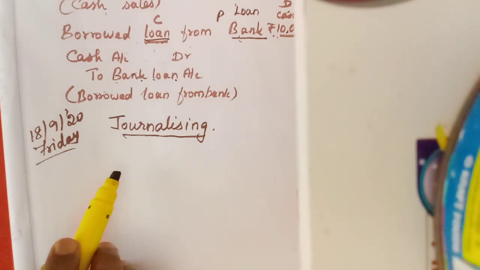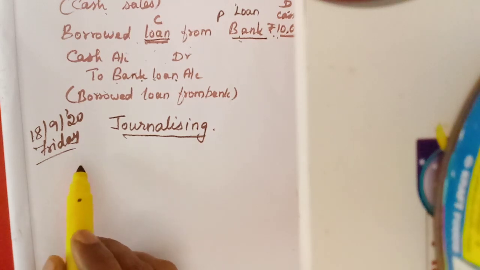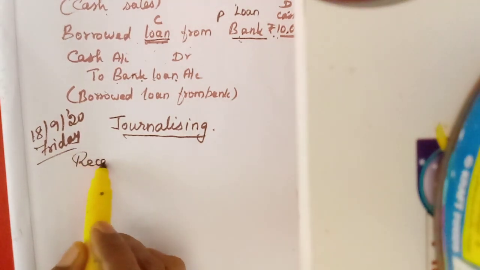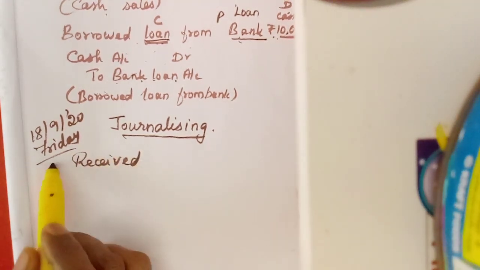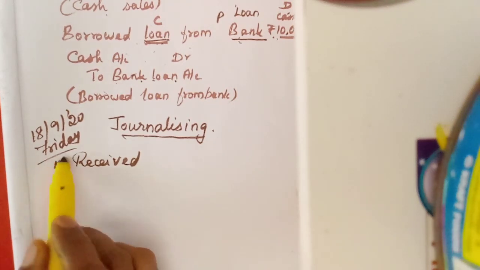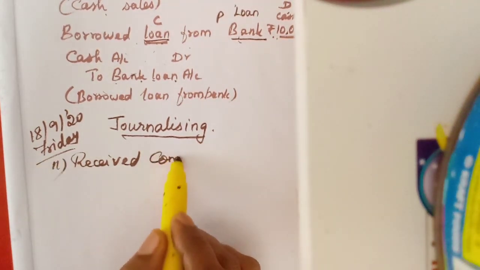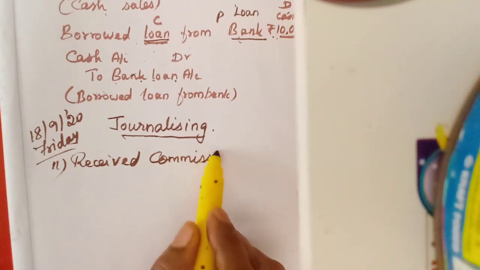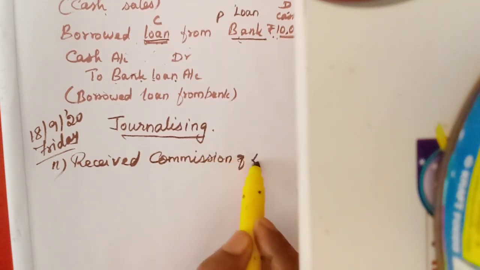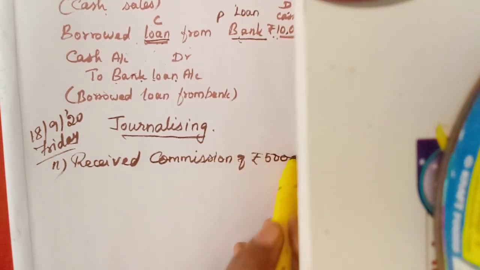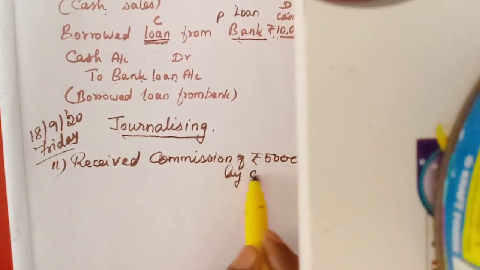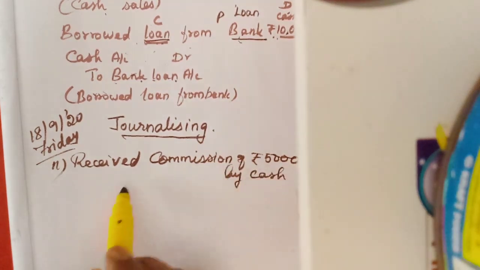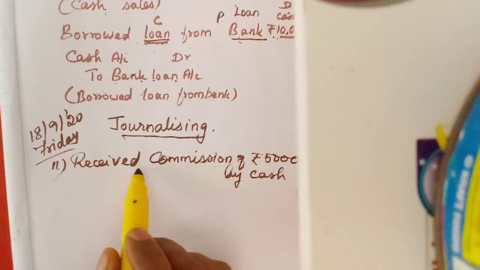Now another one. Received commission. That is example 11. Okay, received commission of rupees 5,000 by cash. So one, commission received, isn't it?